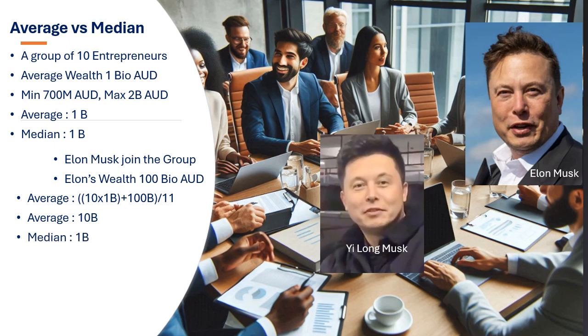However, the median of the data should still be quite similar, around 1 billion. So that's why sometimes the median is a better measurement than the average, because even though a very rich person joins the group, the median doesn't really change that much. So Elon Musk, in this case, is considered an outlier because his wealth is very different from the rest.